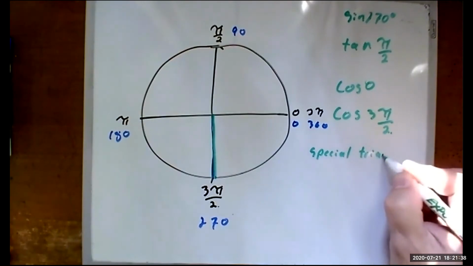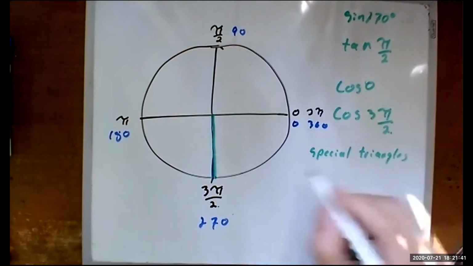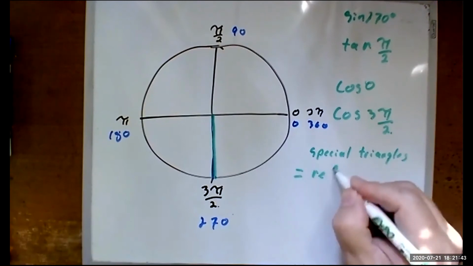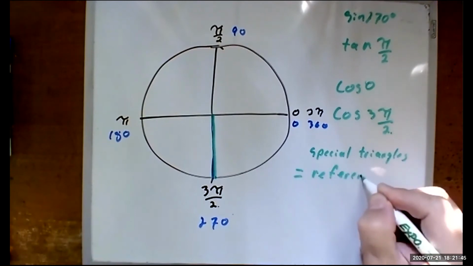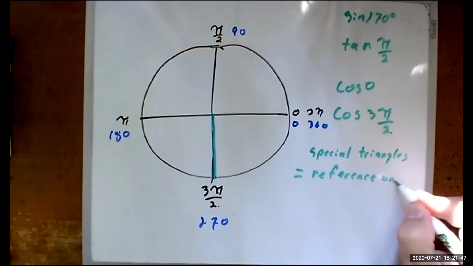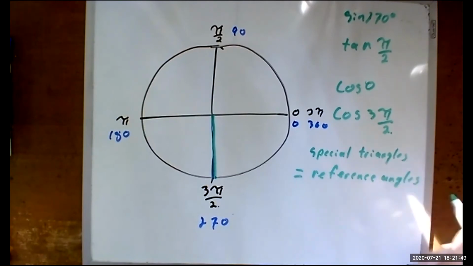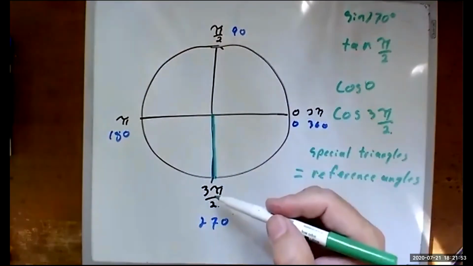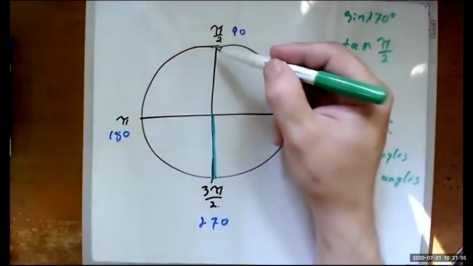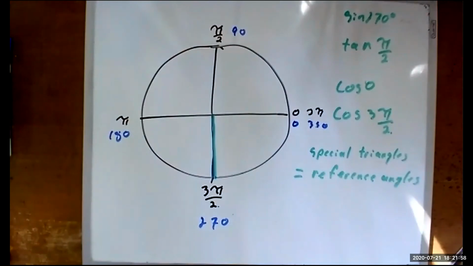In order to work with special triangles, we're always working in reference angles, okay? Special triangles means reference angles. Reference angles are always between 0 and 90.